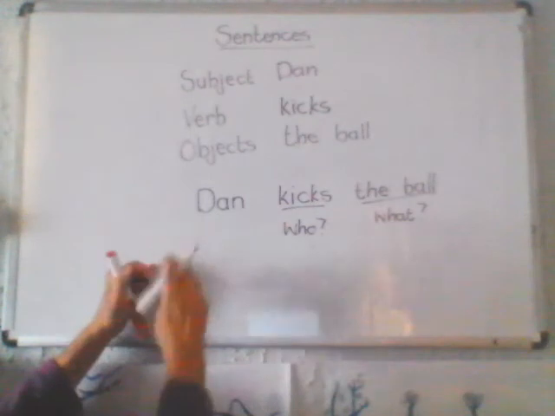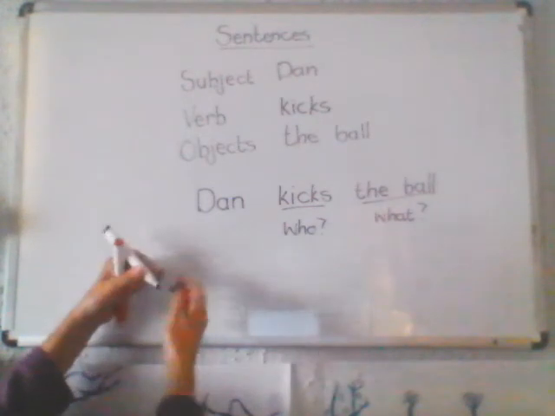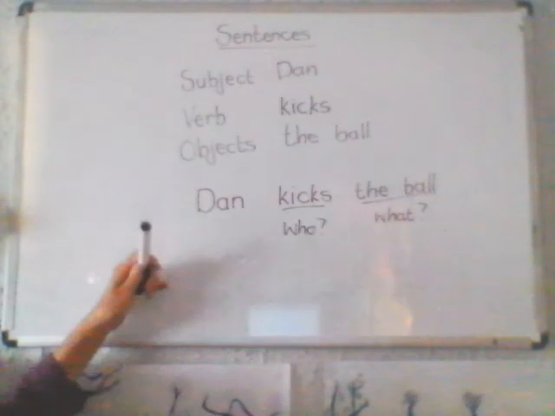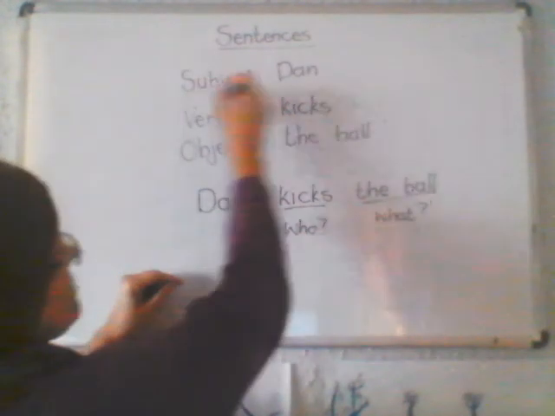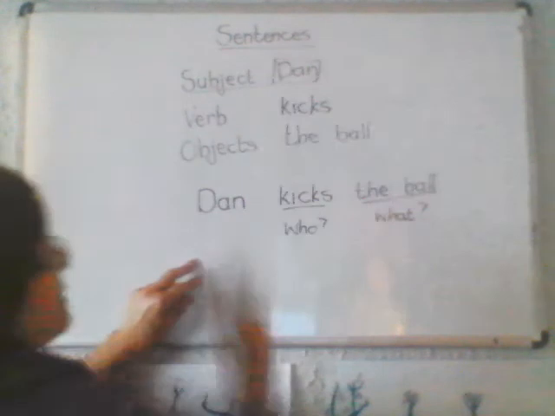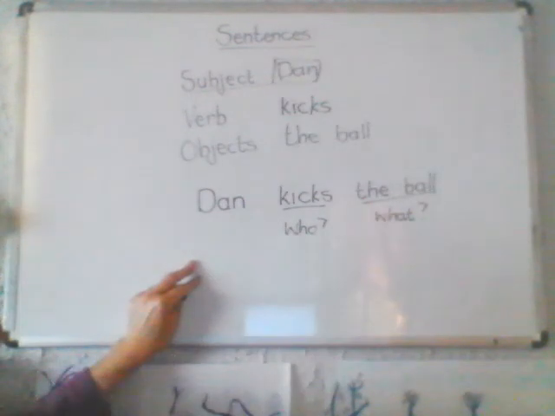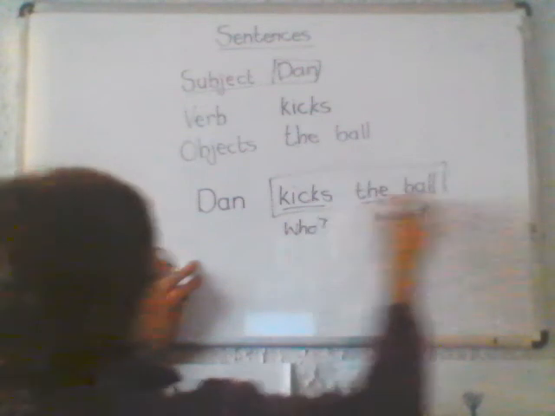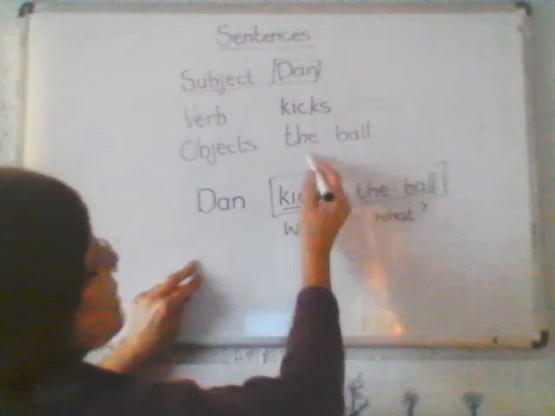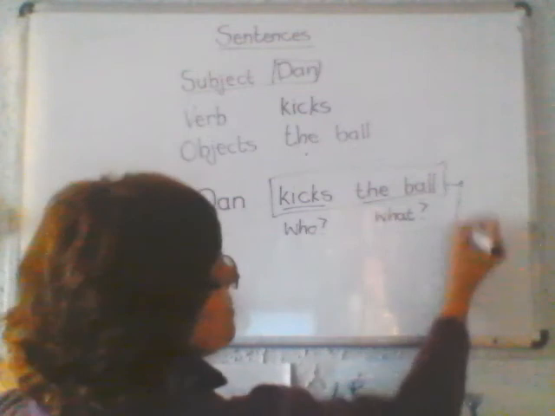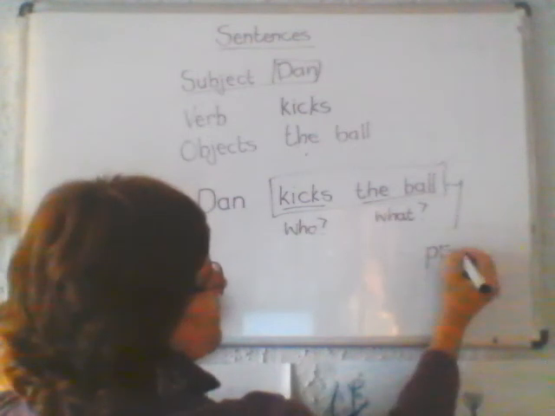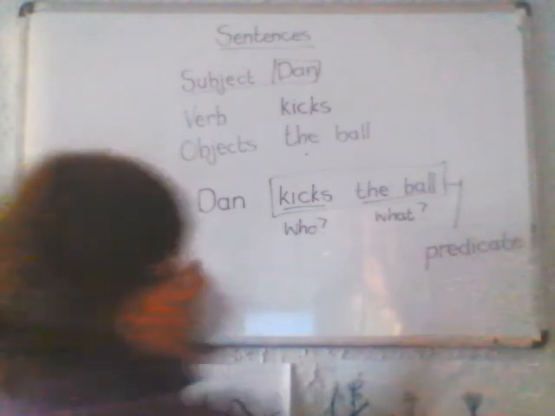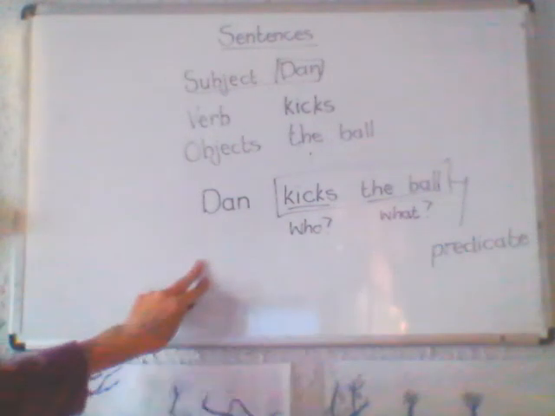Now whenever we have the subject and the predicate combination, it works like this. You have your subject. The subject is Dan. And the rest of the sentence is kicks the ball. So the verb as well as the object forms the predicate. So let me just see if that's spelled correctly.